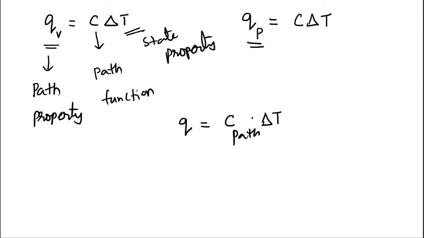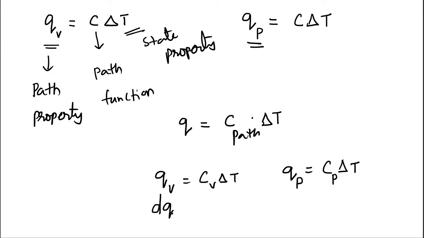Now, the heat supplied at constant volume, Qv, is known as Cv delta T, and the heat supplied at constant pressure is known as Q equal to Cp times delta T. So how do we represent smaller changes here? dQv is equal to Cv dT, and for a constant pressure process I write dQp equal to Cp dT.